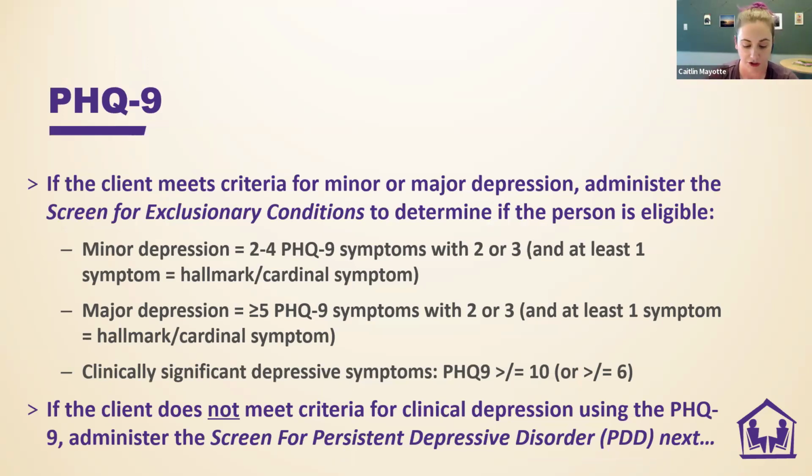The number of additional symptoms, or total symptoms, is going to tell them whether they have minor or major. Clinically significant depressive symptoms would be a PHQ-9 score of greater than or equal to 10 for major, and greater than or equal to 6 for minor.